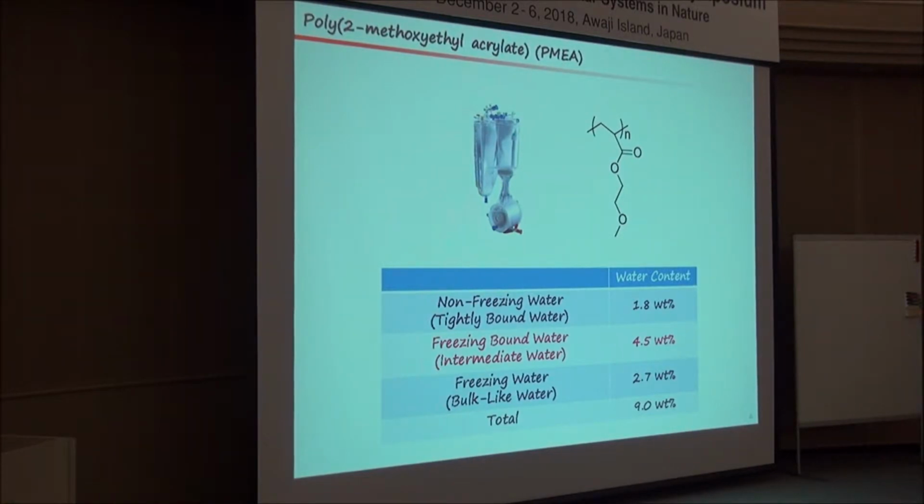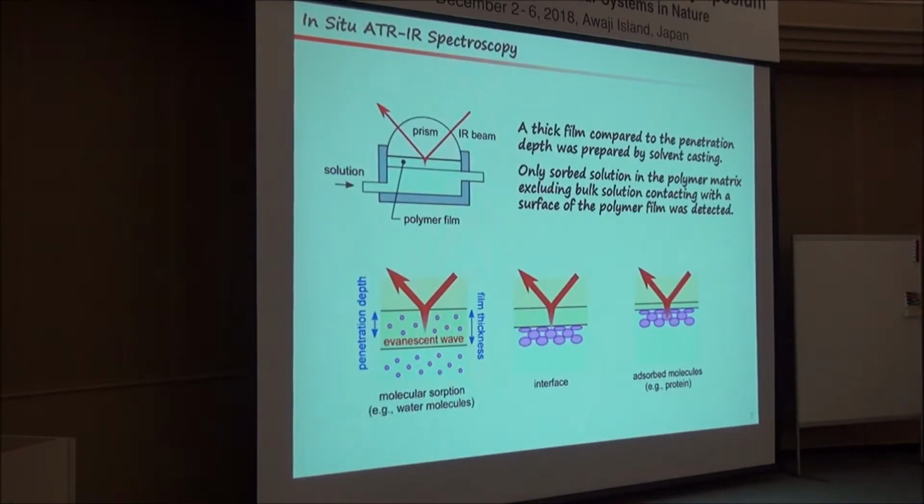Freezing bound water was found by thermal analysis, and Professor Tanaka said that the content of the freezing bound water, or intermediate water, is dominant, which is very interesting. Today I'm going to talk about the hydration structure of each water. How can we investigate it? Using in situ attenuated total reflection infrared spectroscopy.